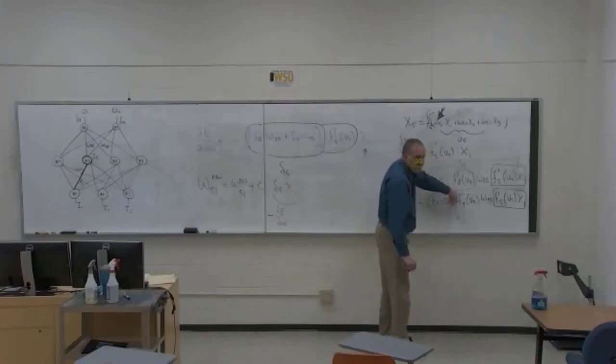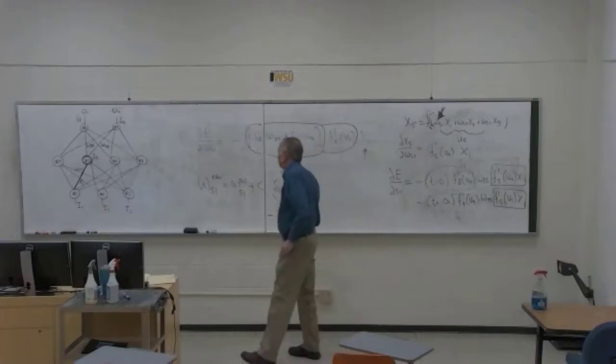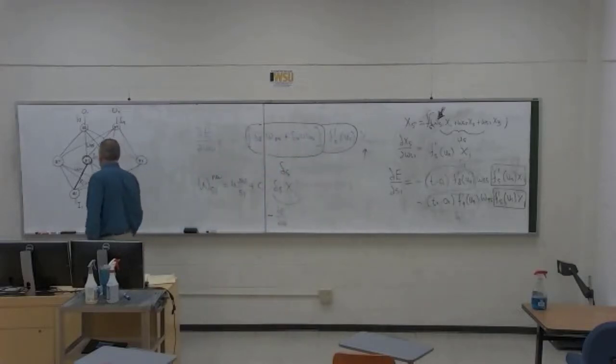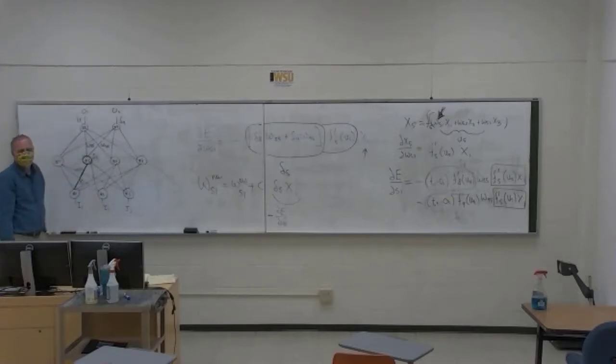You have to have these derivatives, but that's just that function. And so it's a nice, neat structure where the x's go forward and the deltas go backward with a very similar formula. And it goes downhill on the error surface, that E, and so you get as close as you can to the bottom, and you know your error is small, and you've learned.